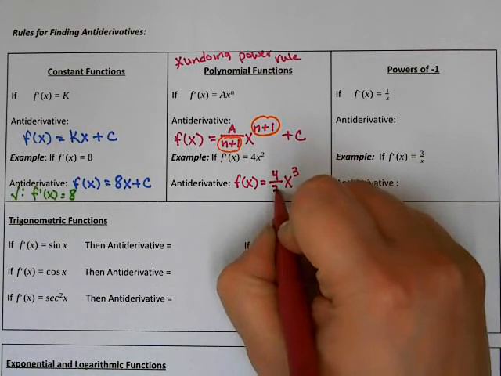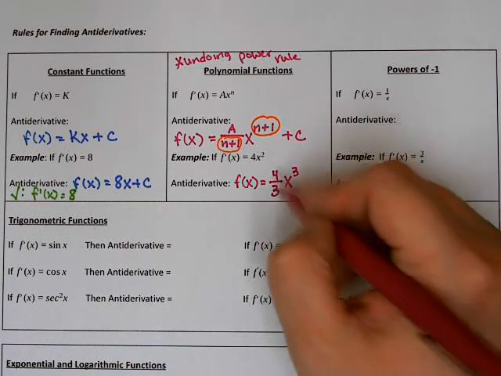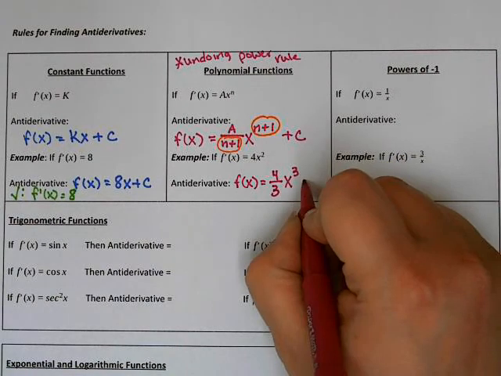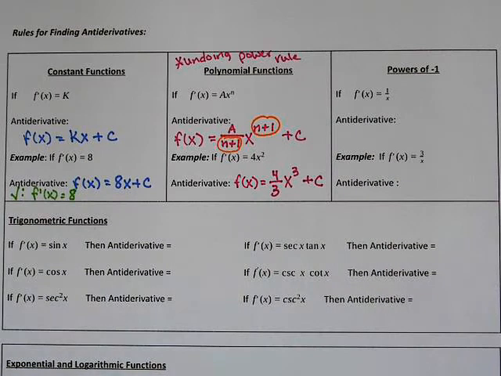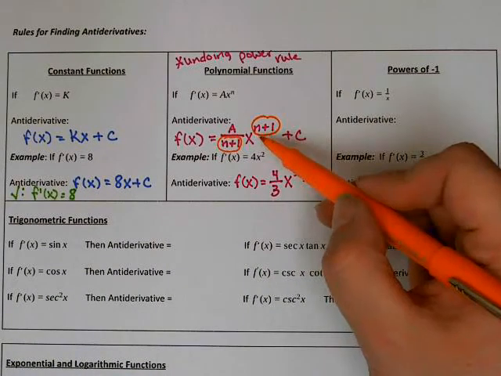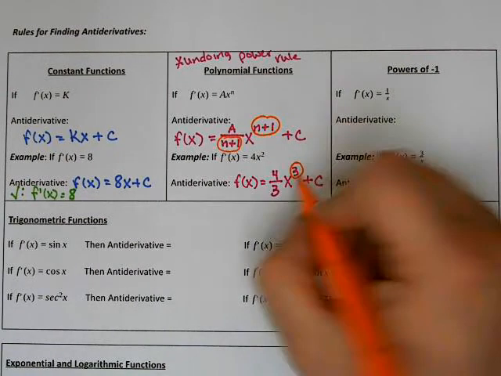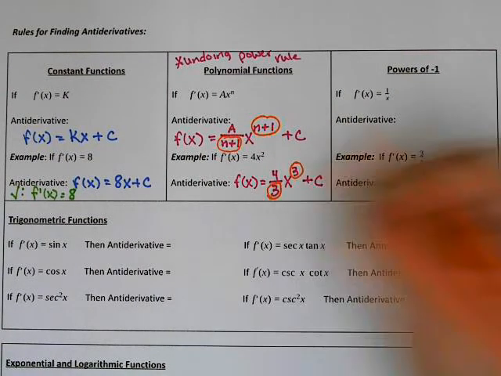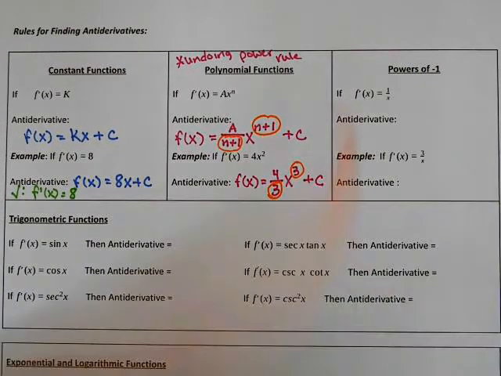That means that needs to be the denominator of my coefficient, and then I need a plus c for my constant value. So again, you'll notice this x to the n plus 1, here's my new exponent, it's a 3, which means I need a 3 down here so that when I take the derivative, I'm just left with a 4.